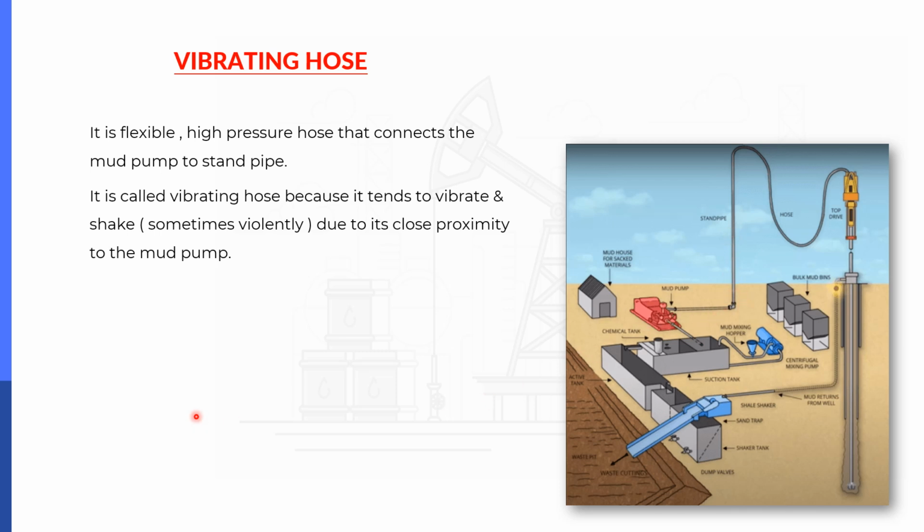So it connects the mud pump to the standpipe. It is called vibrating hose because it tends to vibrate and shake, sometimes violently, due to its close proximity to the mud pump, because it's connected to the mud pump, and one mud pump is around 7,000 psi equipment. So due to the vibration of the mud pump, this hose also vibrates.